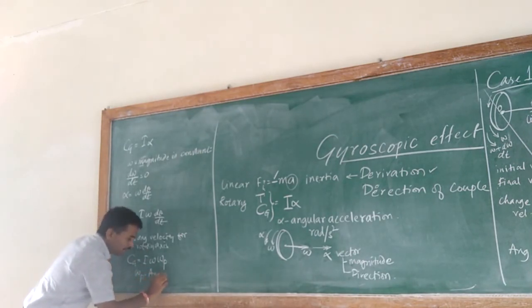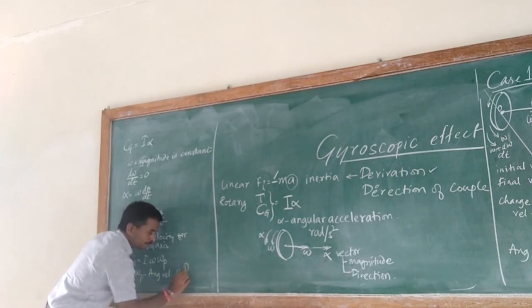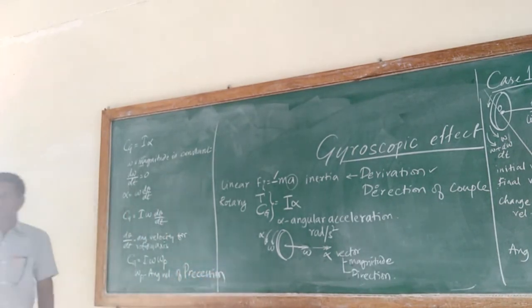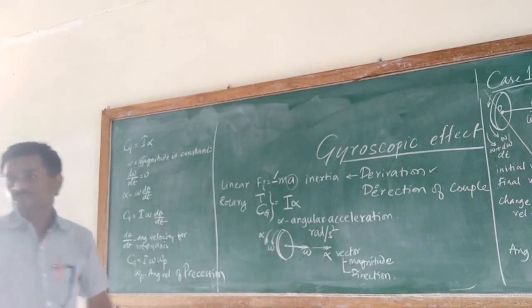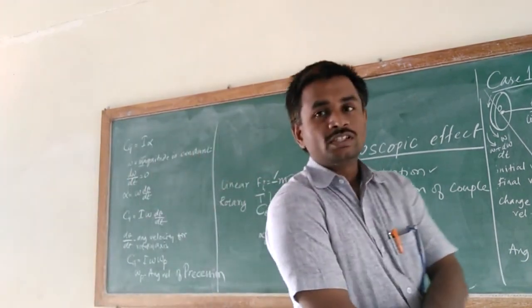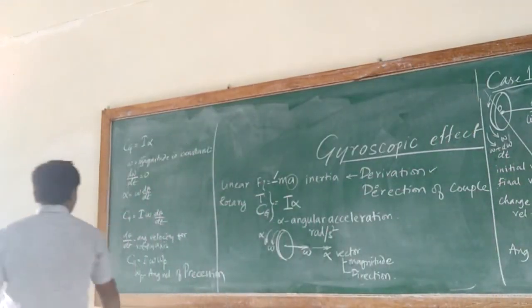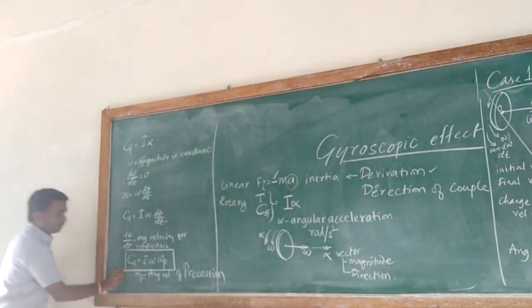P means angular velocity of precession. So this is a very important formula.